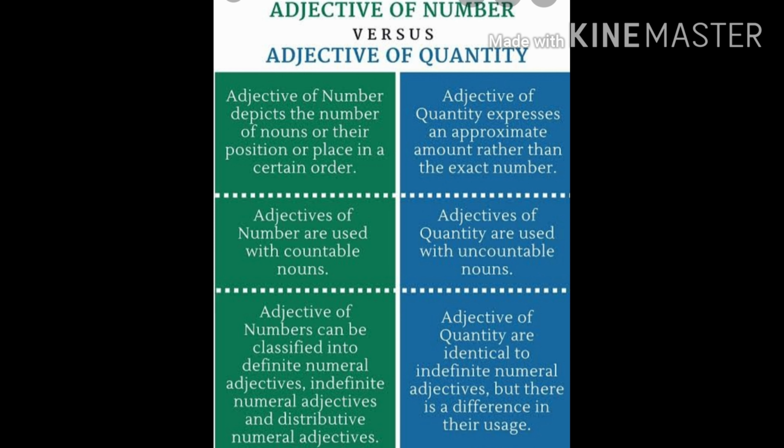Adjectives of quantity are used with uncountable nouns. Adjectives of number can be classified into definite numeral adjectives, indefinite numeral adjectives, and distributive numeral adjectives. Adjectives of quantity are identical to indefinite numeral adjectives, but there is a difference in their uses.